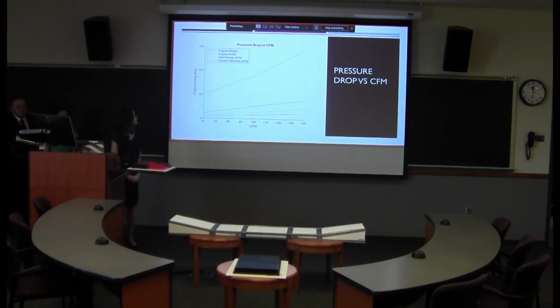And then lastly, you just have a graph here of the pressure drops, comparing all the pressure drops of our designs to that of the original design. This is over the CFMs of 60 through 100 and 140.